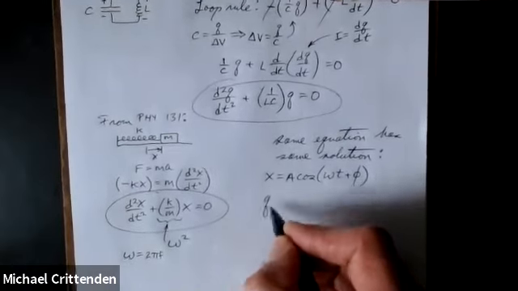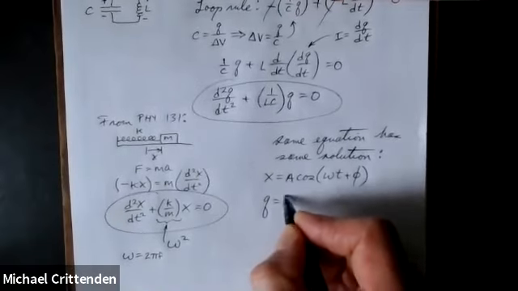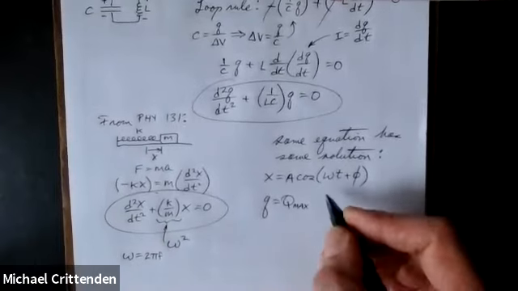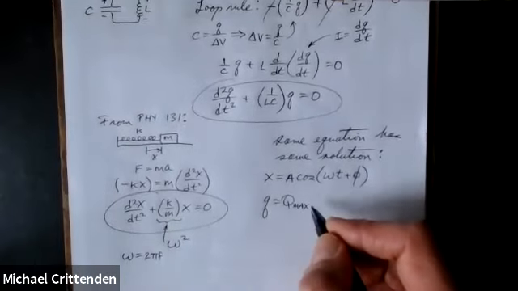So q equals, let's call the amplitude q max, the maximum charge on the capacitor.